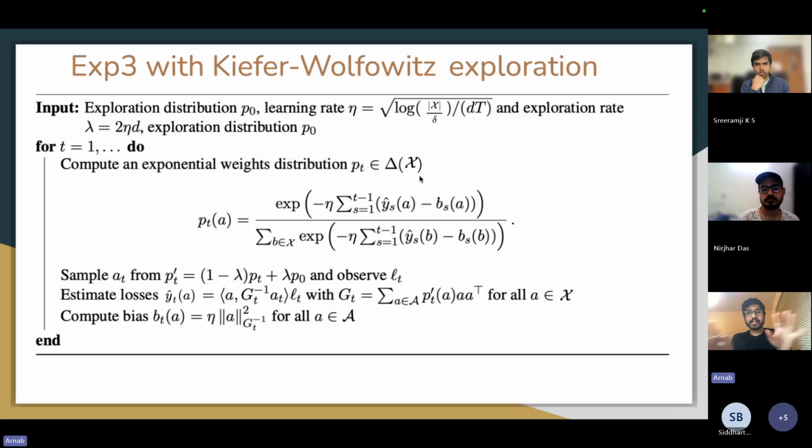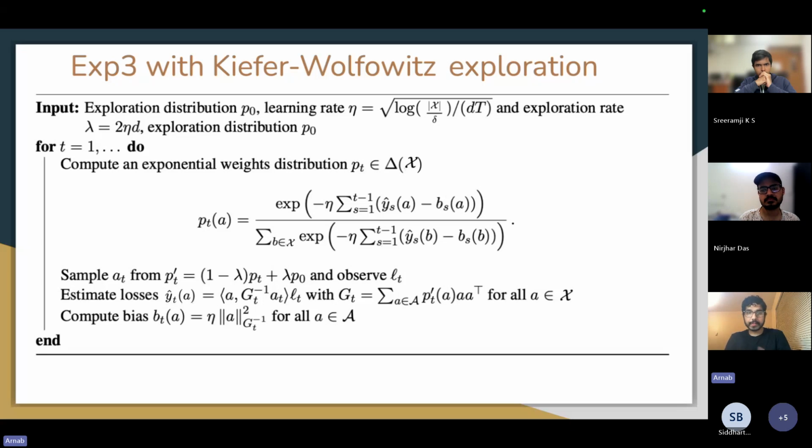You essentially do some form of exponential weights over each and every path from source to sink, and you also mix it with some kind of distribution based on the Kiefer-Wolfowitz kind of stuff, and you compute some distribution, and you define some loss estimators based on covariance matrices and its inverse, and you do the exponential weights. And here it's a biased version to ensure that you get high probability guarantees.